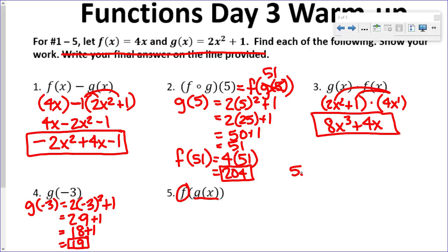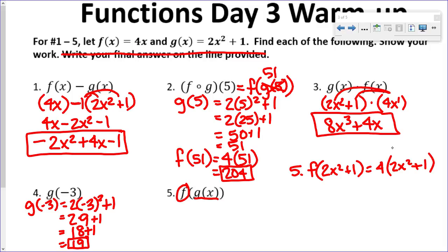So this is number 5. So we're doing f, and then the g of x is the 2x squared plus 1. So that means now wherever I see an x value in the f function, we're going to plug in all of this that's in parentheses. So remember, f of x is 4 times x, so I do 4 times this whole thing, 2x squared plus 1.